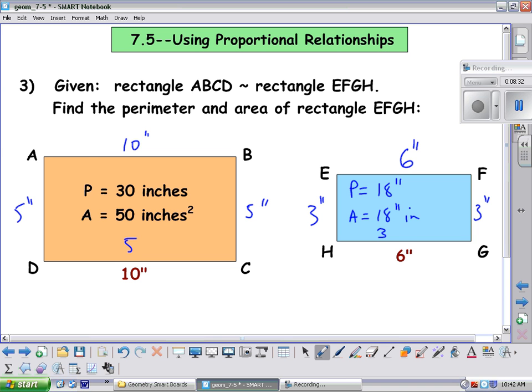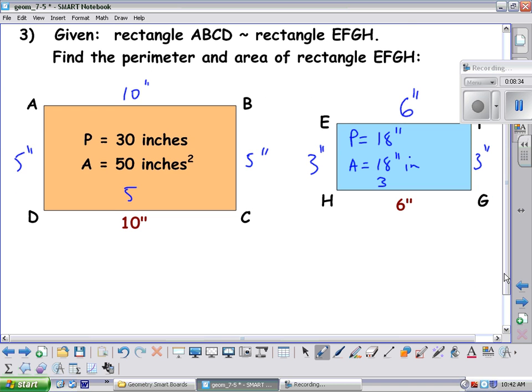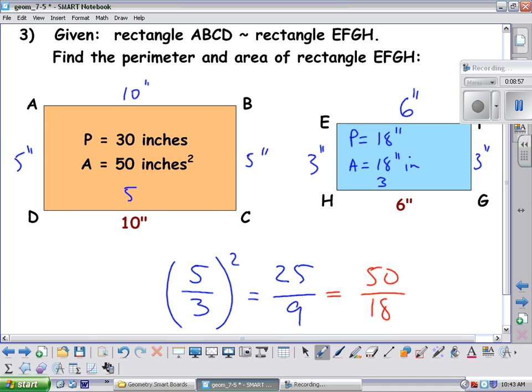Because, let's see, why did I get 18? Because 5 is to 3, and we'll square that, becomes 25 over 9 as a ratio. So 25 over 9 as a ratio, let's see if this holds. That means if I got 50 on the one side, I must have 18 on the other. Multiply by 2 on both of these.